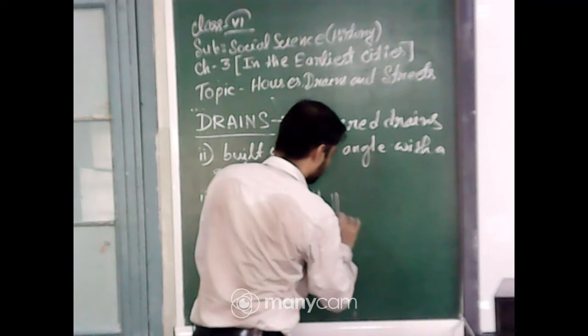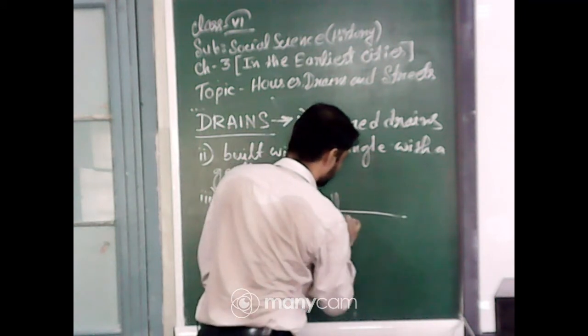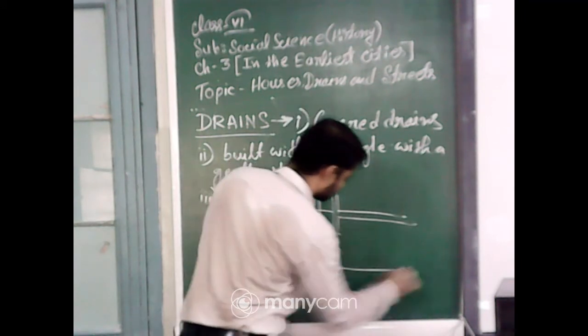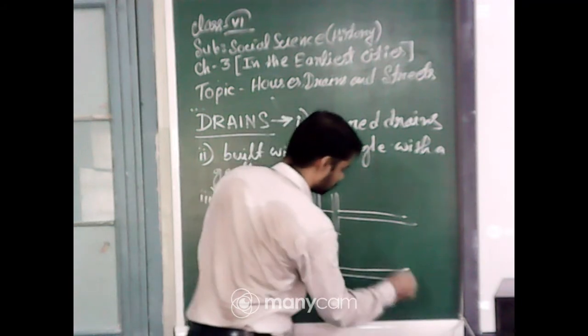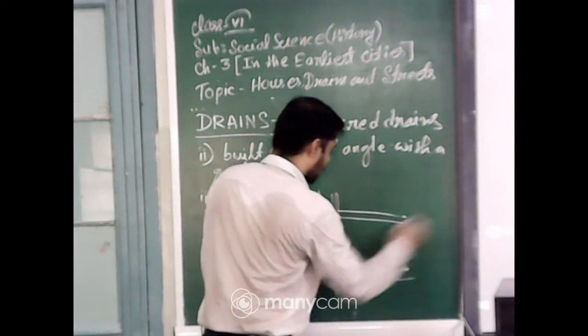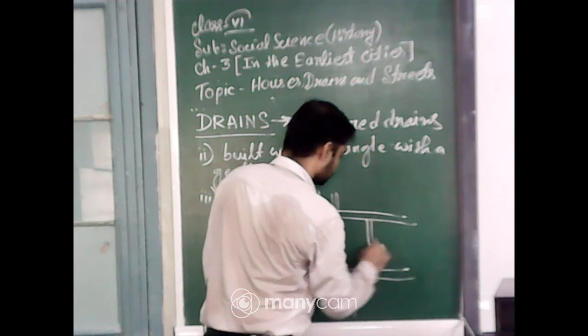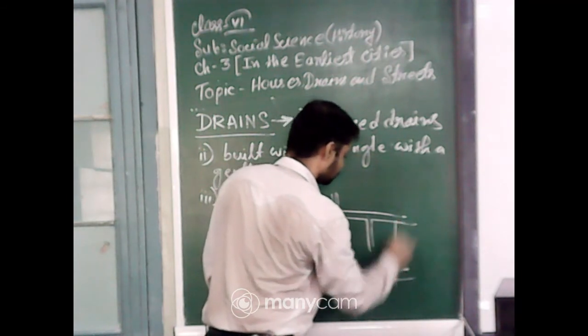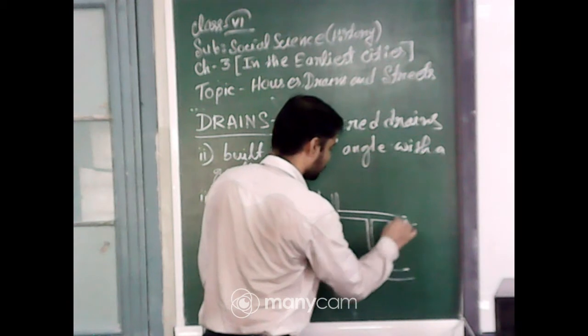From that main drain the street drains are connected, and the house drains are also connected from the street drains.